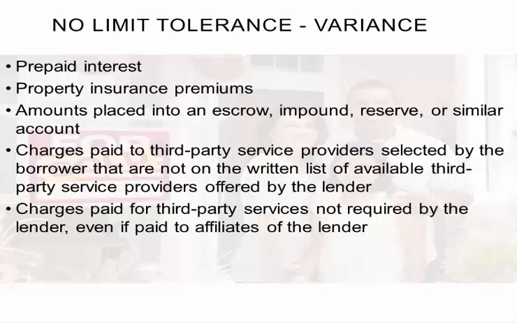These include prepaid interest, property insurance premiums, amounts paid into escrow, impounds, reserves, or similar accounts, charges paid to third-party service providers that are selected by the borrower, that are not on the written list that you provide to the borrower. And then charges paid for third-party service providers not required by the lender. So that's our no limit tolerance, so these fees can go up. So those are the three different areas.